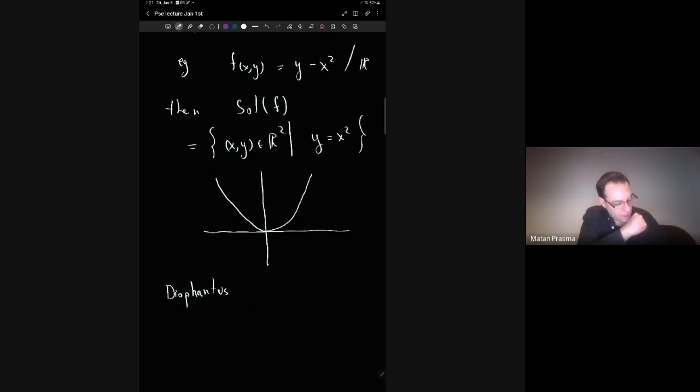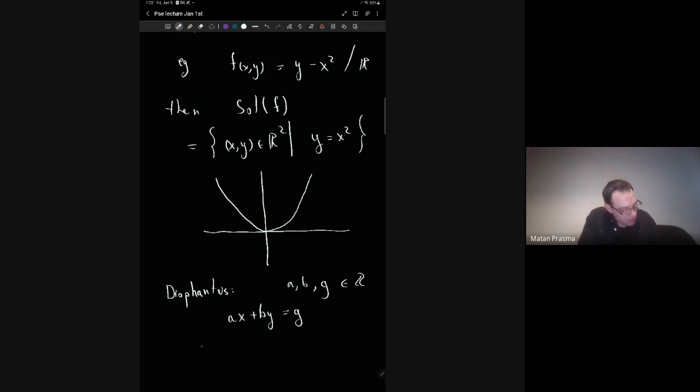The first example is an equation of the form ax plus by equals c. Maybe I should write g. A, b, and g are integers.